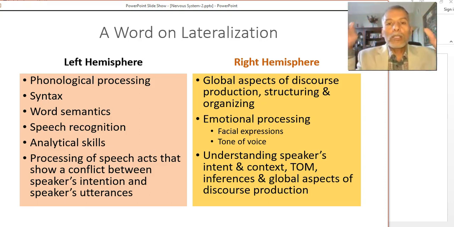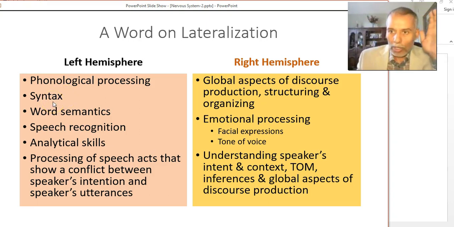In terms of cognitive functions and language functions and so on, the main functions of the left hemisphere are processing sounds, phonemes, and processing syntax. There's an area here called Broca's area that is only described in the left hemisphere.